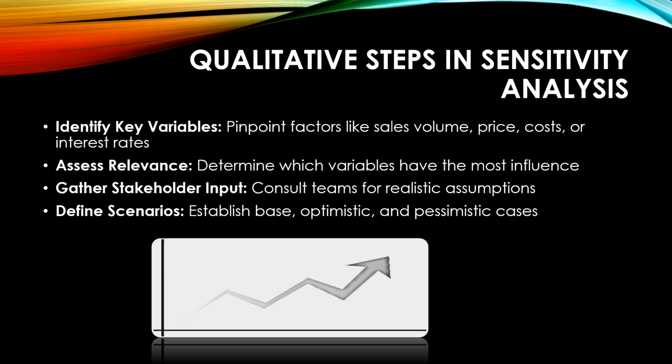The key is to engage teams: finance, operations, strategy, and this gives us real world insights. Then we take these scenarios and do a base case, an upside, and a downside to mirror corporate challenges. This sets up our numbers. Quantitative steps are next.